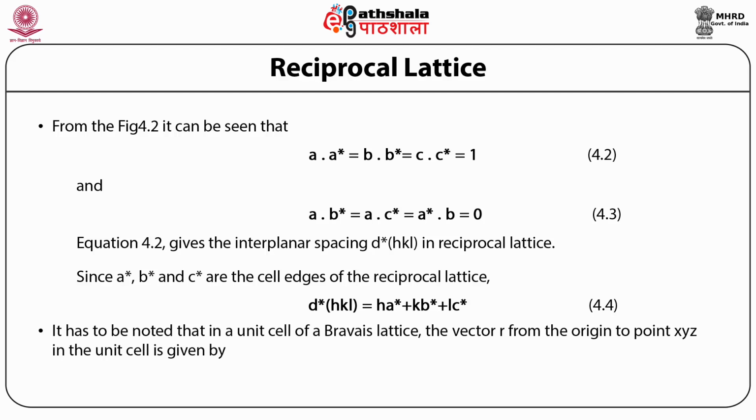It has to be noted that in a unit cell of a Bravais lattice, the vector R from the origin to the point x, y, z in the unit cell is in general given by R equals xa plus yb plus zc, where a, b, c are the cell dimensions of the unit cell in the real space. This is given by equation 4.5.